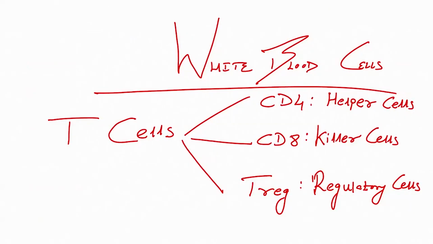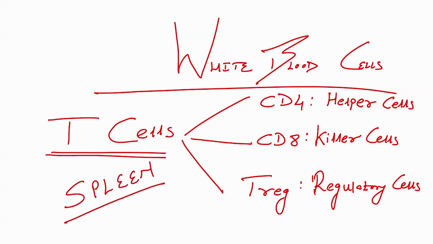How do we take these T cells? T cells are thymus cells, they can be obtained from blood. Like I said, we can also get T cells from the spleen of the mice.